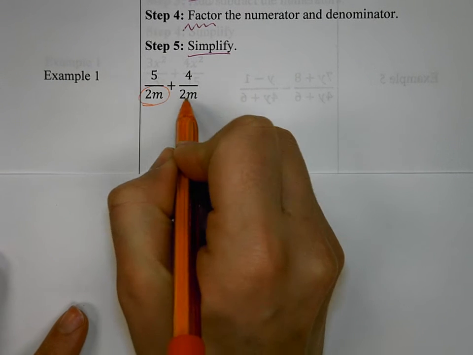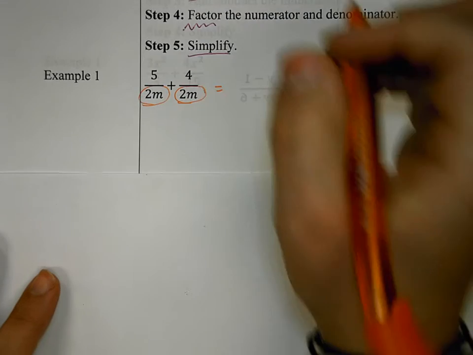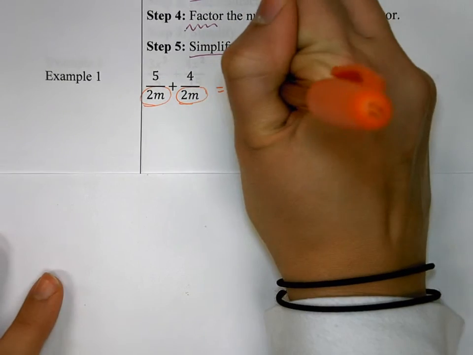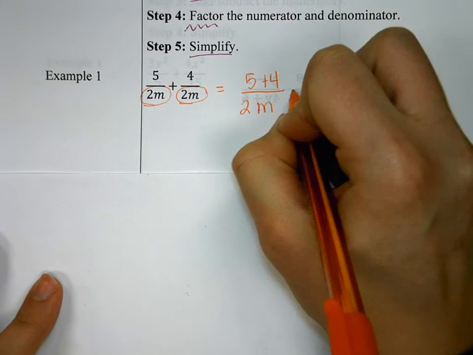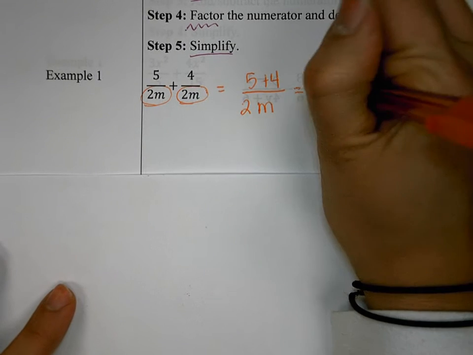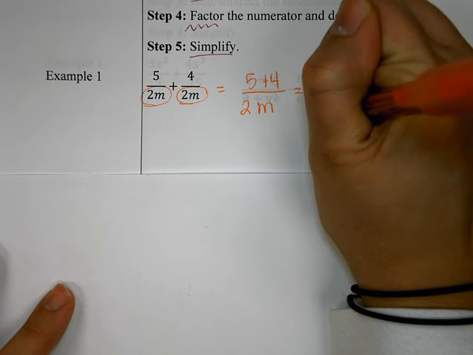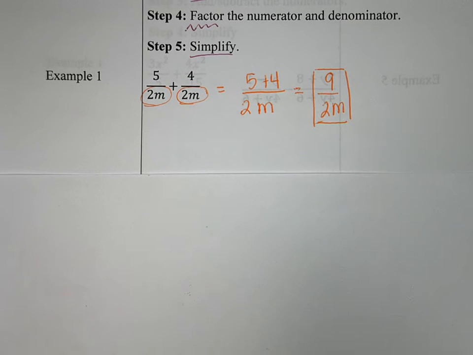Do I have common denominators? Yes, so all I have to do is add the numerators. So that's going to be 5 plus 4 over 2m. What does 5 plus 4 give me, ladies and gentlemen? 9. So this is going to be 9 over 2m. Then we're done? Yay! And you're done. That's easy. This is easy now.